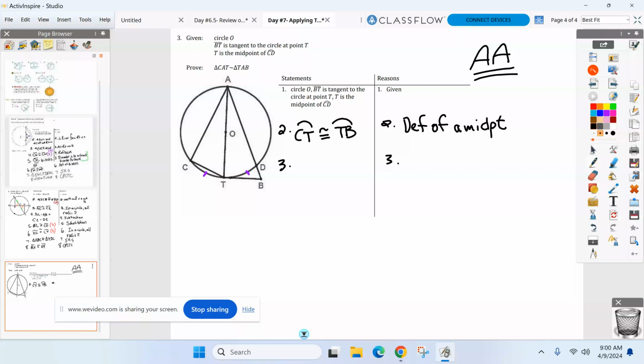If you get one and not the other, that's fine. Both pairs of congruent angles are going to come from circle facts.